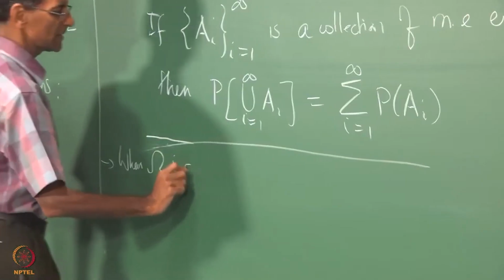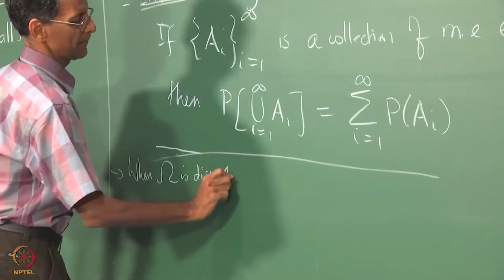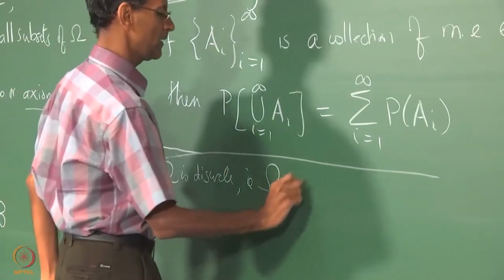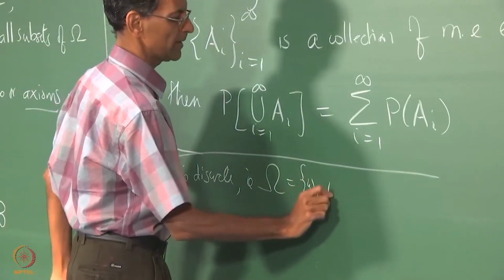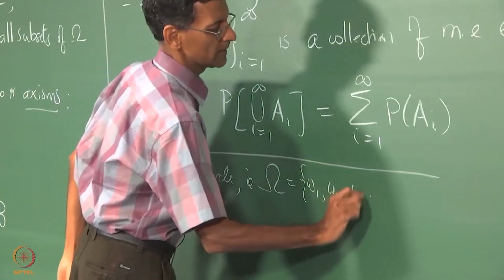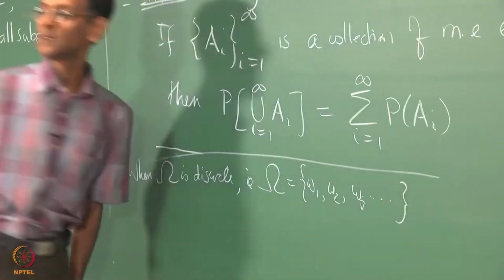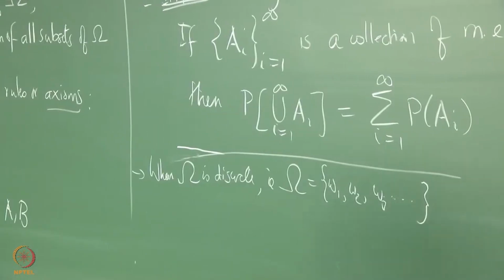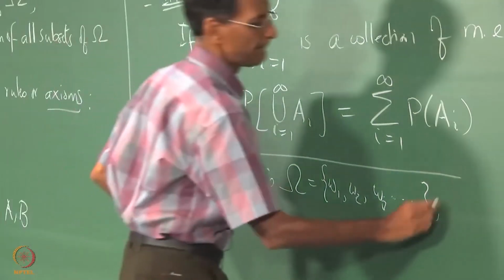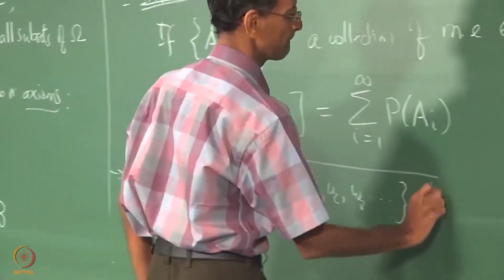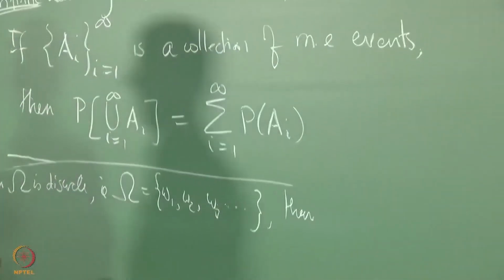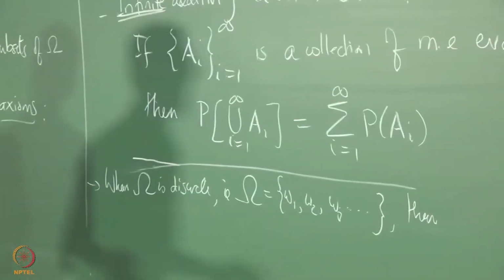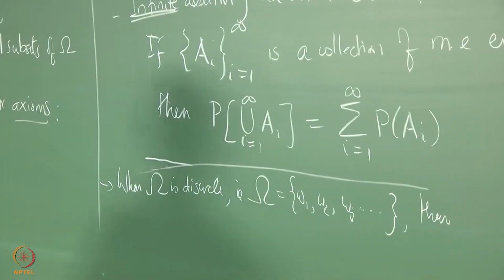When Omega is discrete, i.e. Omega equals {omega_1, omega_2, omega_3, and so on}, which can go on forever if need be, how do you go about assigning P so that all these axioms are satisfied?